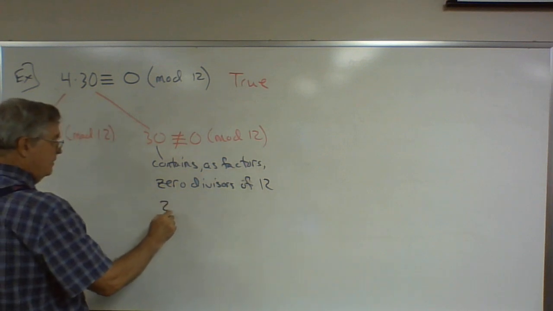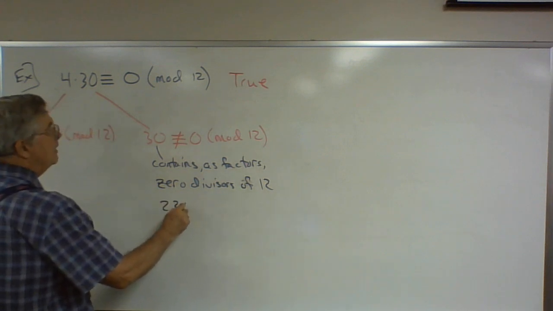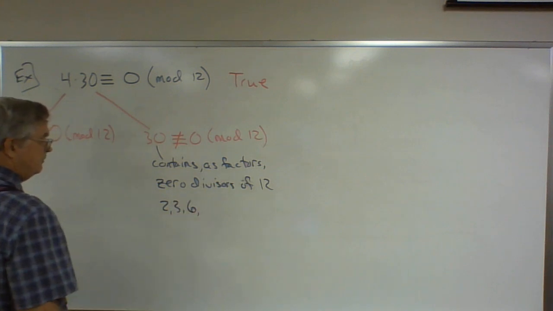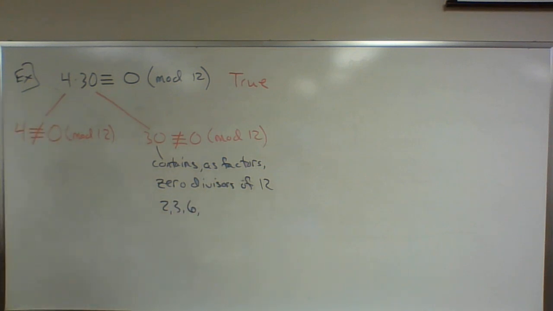What are the zero divisors of 12? 2, 3, 6. I guess that's it. 2, 3, and 6 are factors of 30, and they are all zero divisors of 12.